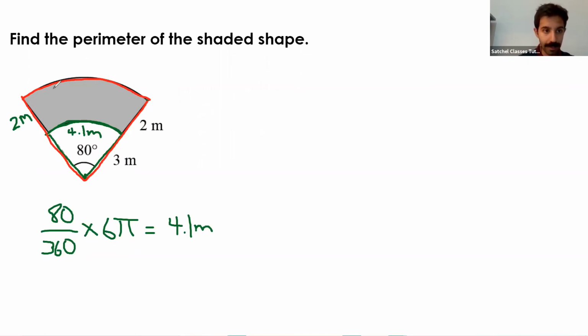So for the red arc length, we would do 80 over 360 multiplied by the circumference, which is the fraction of the circumference that we want. The circumference is pi times the diameter. The diameter is 10, so that's 10 times pi, which is 10 pi.